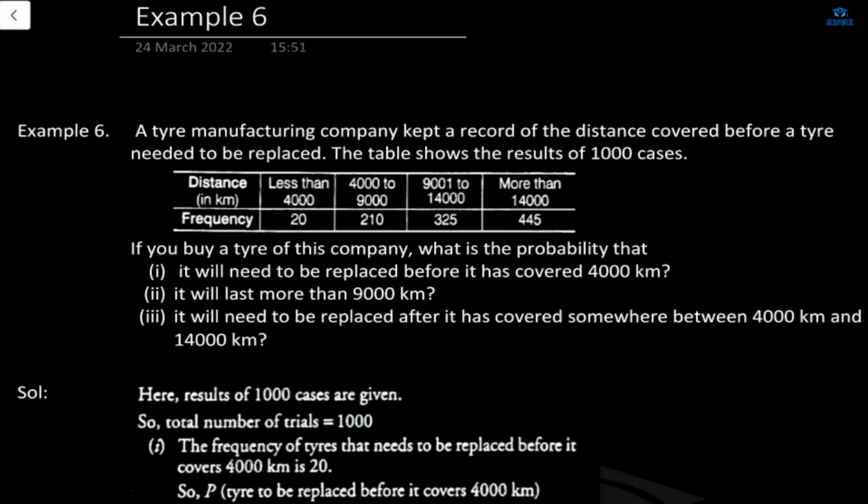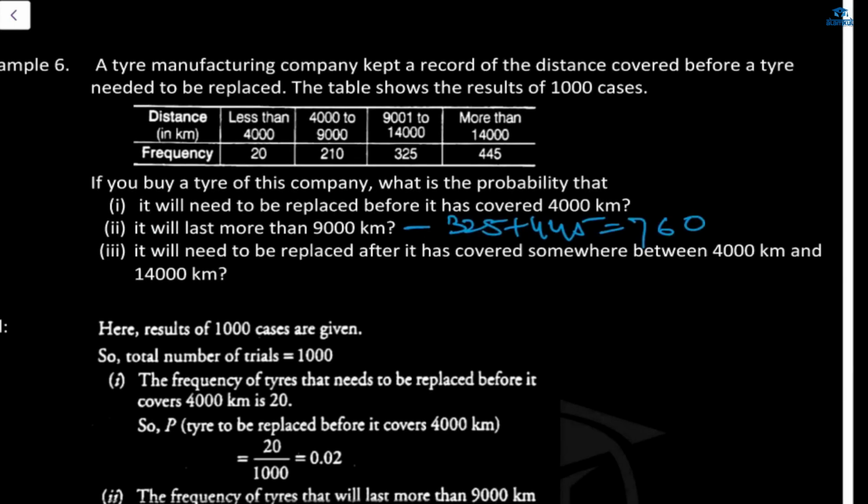So we can add those together, which would be 770, and that divided by 1,000 will be 0.77. And it also says, will it need to be replaced after it has covered somewhere between 4,000 kilometers and 14,000?